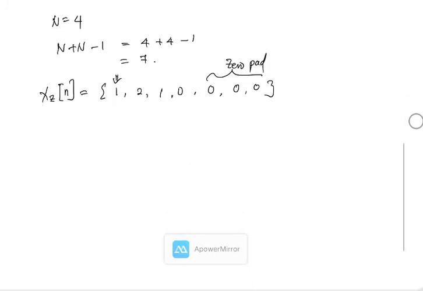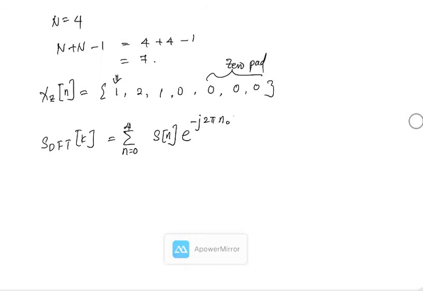So now the X DFT k is equal to the summation for n from 0 to 4 of xn times e to the power of minus j 2 pi n k over N. So you can substitute the values.